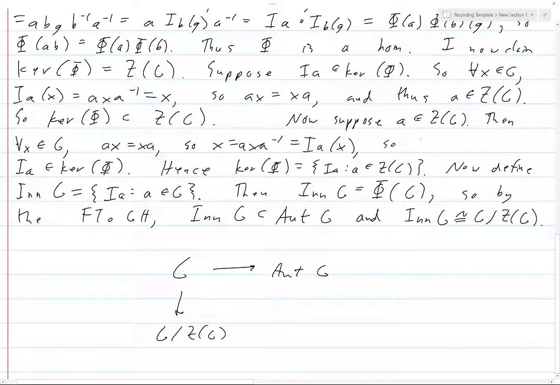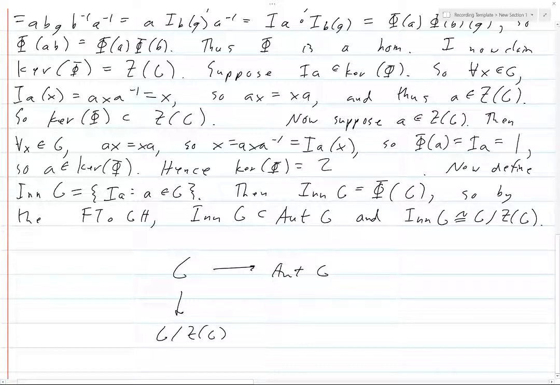So phi of A is I_A is 1, the identity element of Aut(G). So A as an element of G is in the kernel of phi. And so hence the kernel of phi is the center of G. Right? Yeah, I think this is what we want.